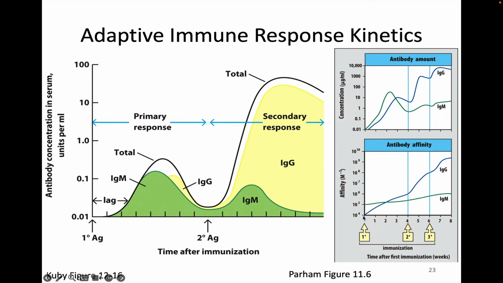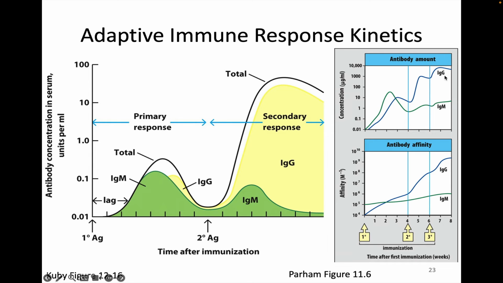On the right, you see figures from your textbook with the first, second, or third time one is seeing antigen. On the top, you can see antibody amounts. So you can see IgM in green and IgG in blue. And so at the beginning, we make some IgM, and then we'll start making IgG. But in second and later times that we see antigen, the antibody amount goes up pretty dramatically.